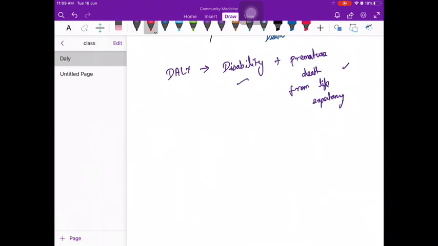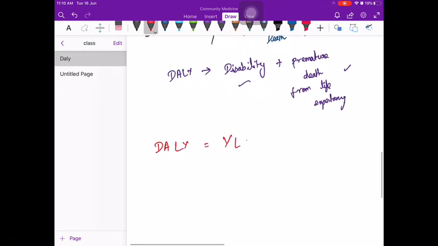Now let's see how DALY is calculated. DALY is calculated by adding two indicators called years lost due to disability along with years of life lost.